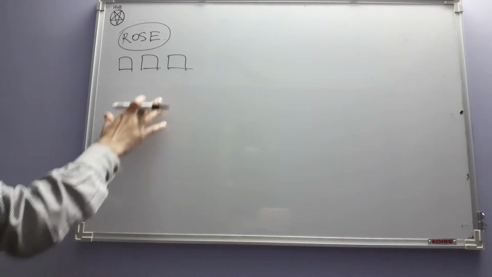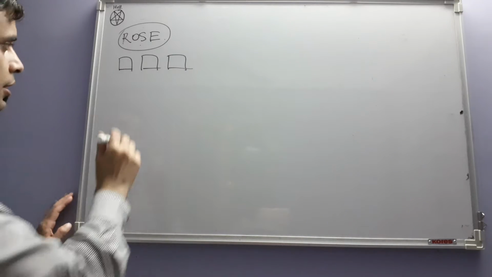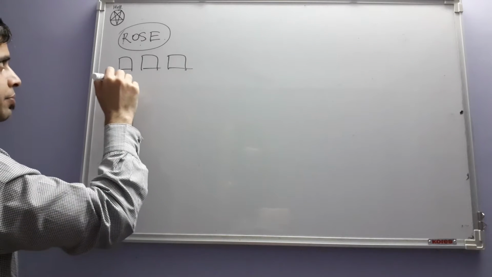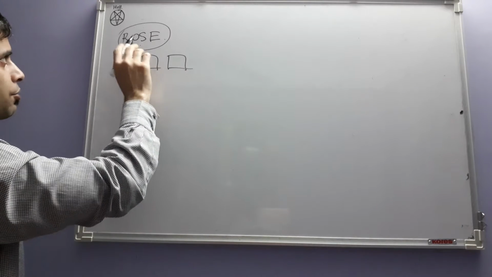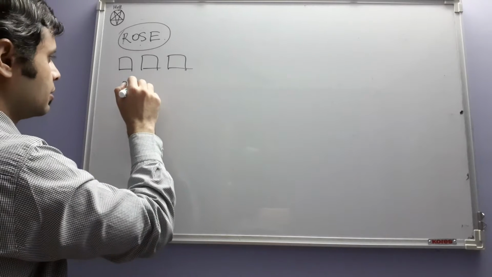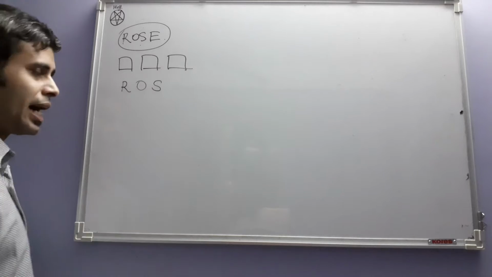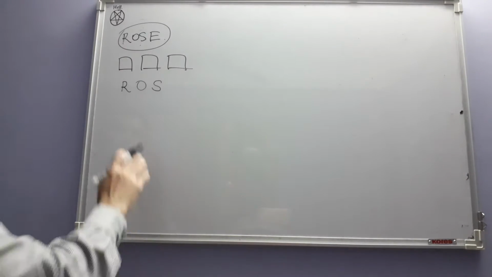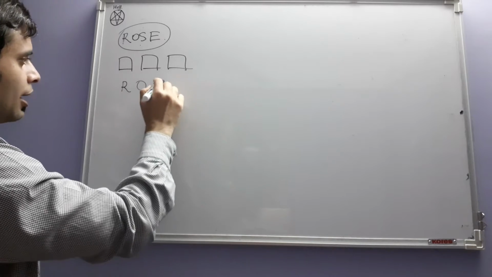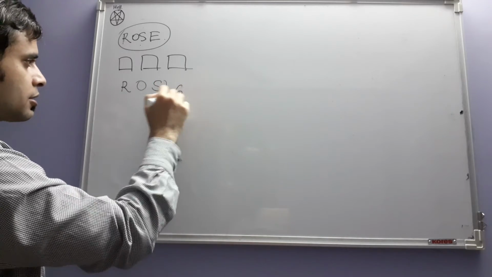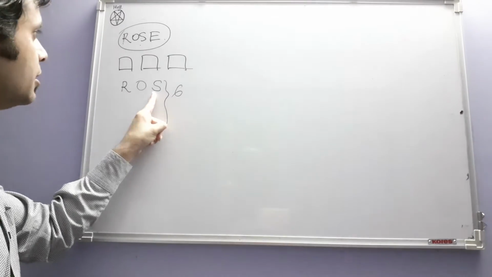So let us first go by brute force and try to write all of them. Now I can choose R, O and S. We don't have to really write all of them. Instead, you already know how many possibilities you will get here: 6, because there are 3 distinct objects.